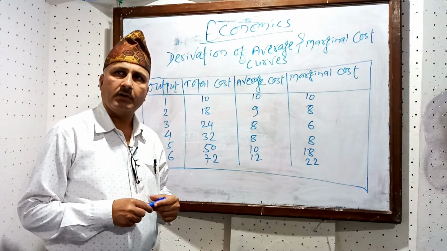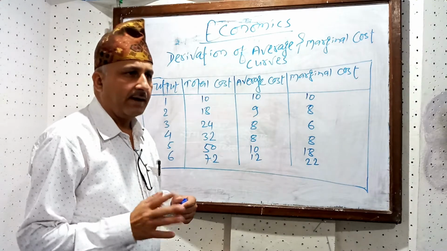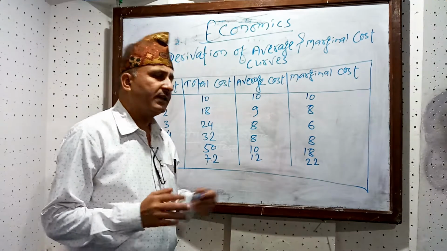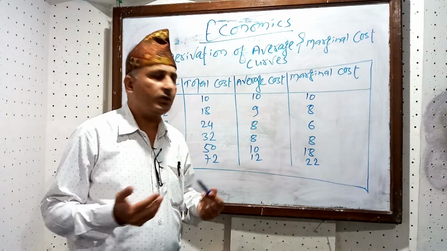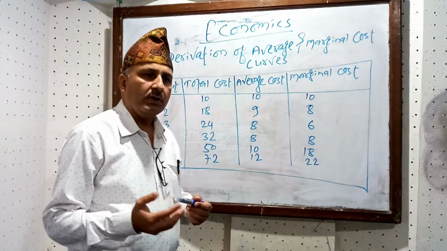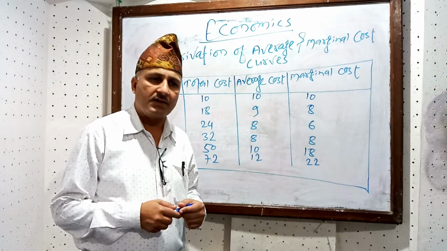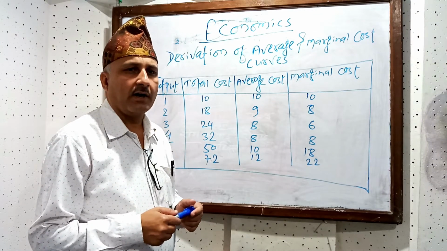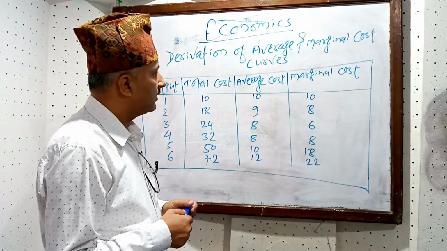I hope you have drawn it. If you haven't drawn it, it's okay, I'm going to draw it. So be ready for the derivation of the AC and MC, or average cost and marginal cost, curves.